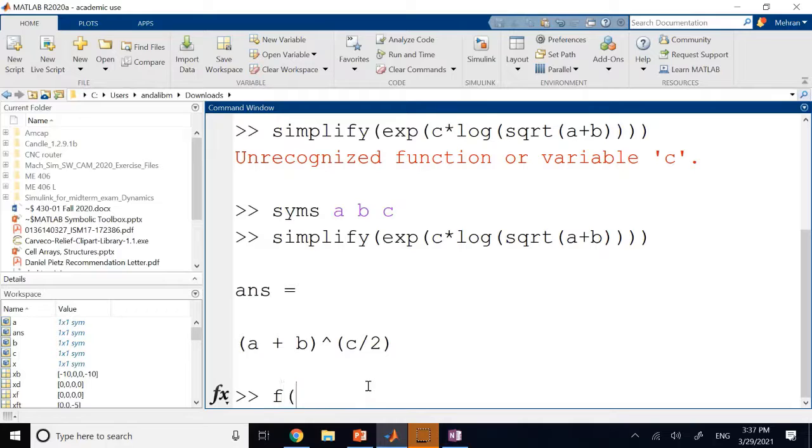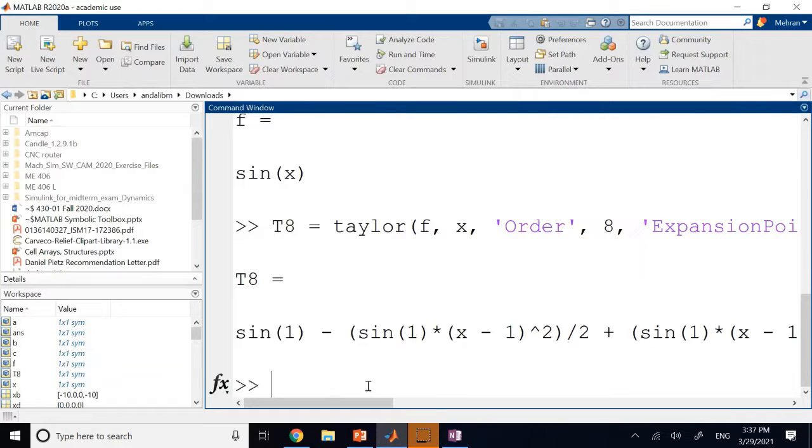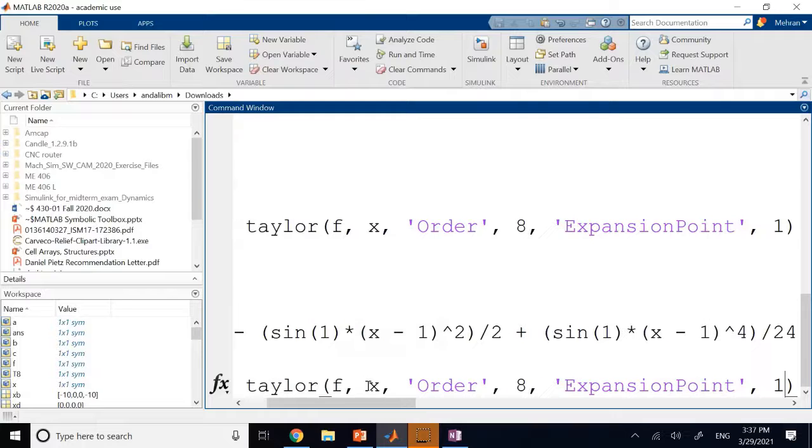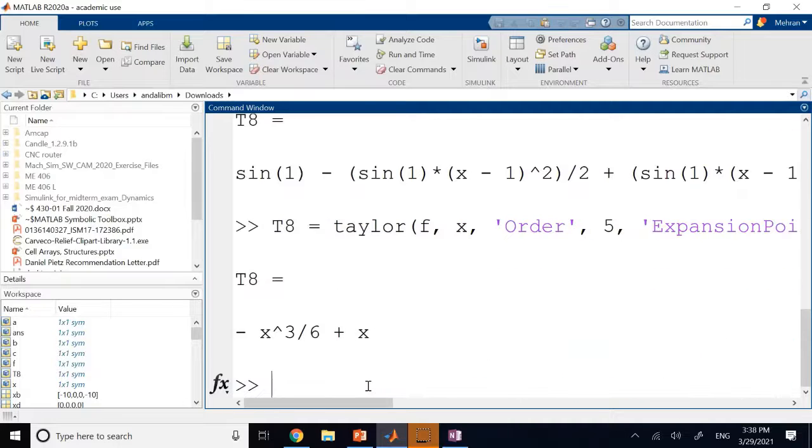f is equal to sine of x. And now I ask it to, let me expand it about 0 because that could be familiar to you. And I use 5 terms only. And this is what you have. x minus x cubed over 6.